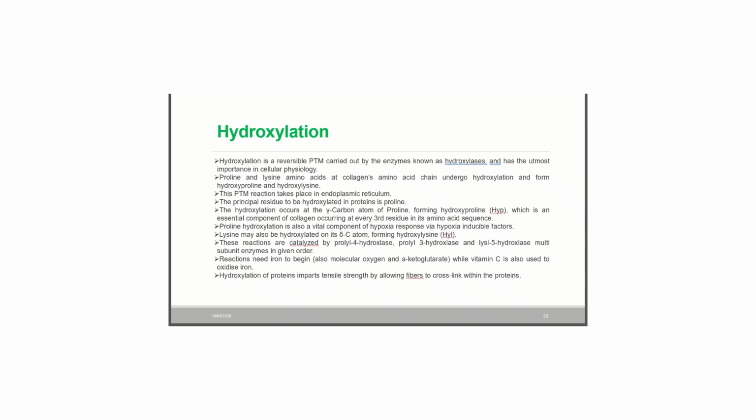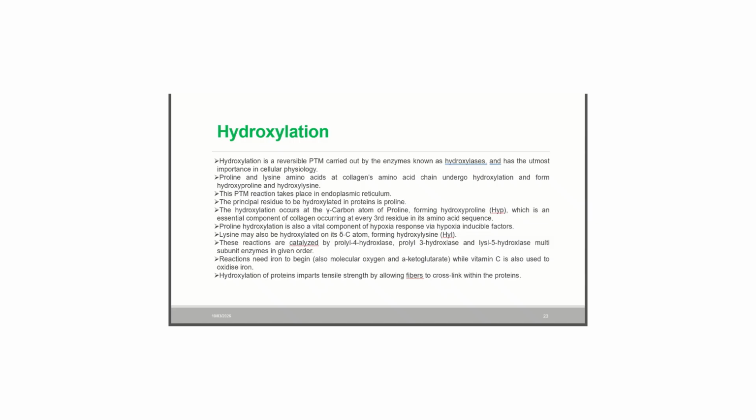And the target proteins are collagen; the amino acid chains undergo hydroxylation to become hydroxyproline and hydroxylysine. This type of hydroxylation takes place in the endoplasmic reticulum, and the principal residue that is usually hydroxylated beside lysine is proline.